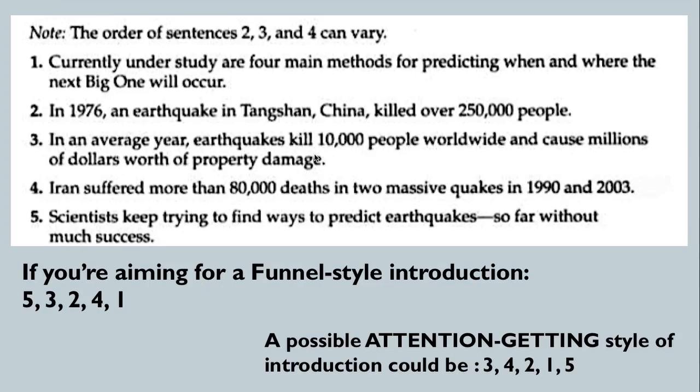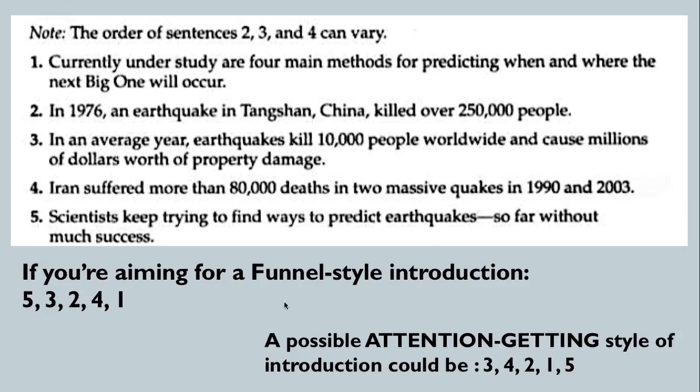So here, this is our hook, right? We use some sort of statistic or fact to pull the reader in. Then we give more detail, or supporting examples. Iran suffered 2 massive quakes. Tangshan, China as well. Under study are 4 main methods. Scientists keep trying to find ways.